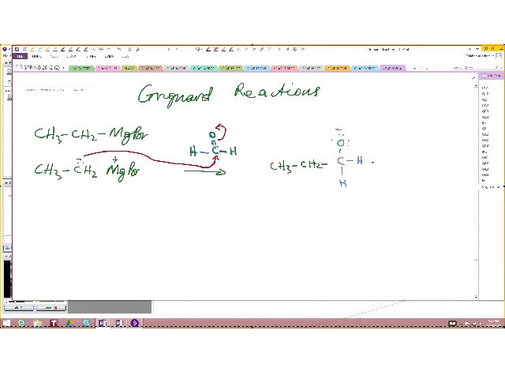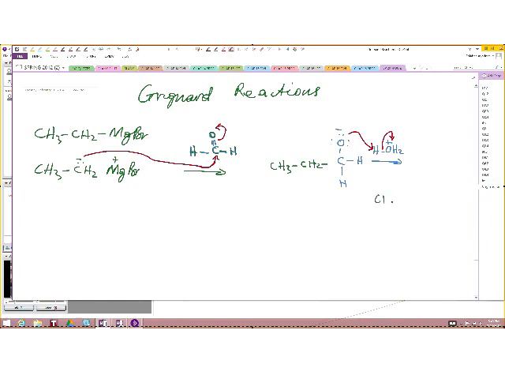And then, after the Grignard reaction, you add dilute acid, hydronium ion, okay? The alkoxide intermediate will now come here to grab this proton from the hydronium ion. And what do we have?